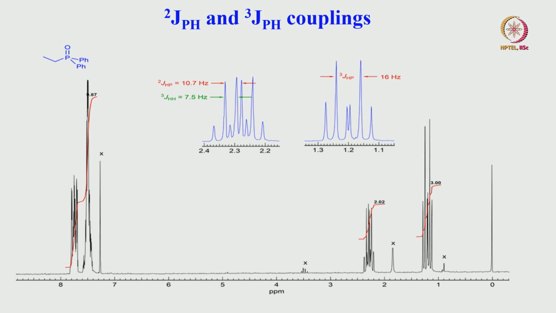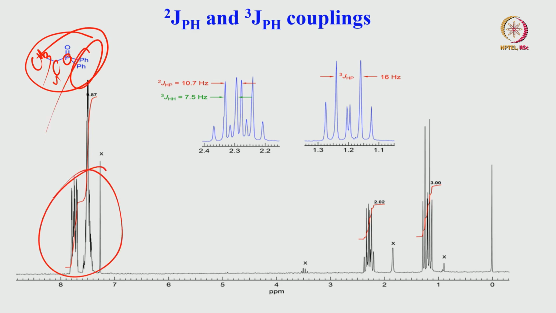Now, take an example of a molecule like this, a very simple molecule. Now, we can expect 2 bond and 3 bond proton phosphorus coupling here, because phosphorus here can couple with CH2, it can also couple with CH3. And there are phenyl groups, forget about them, they are overlapped here.